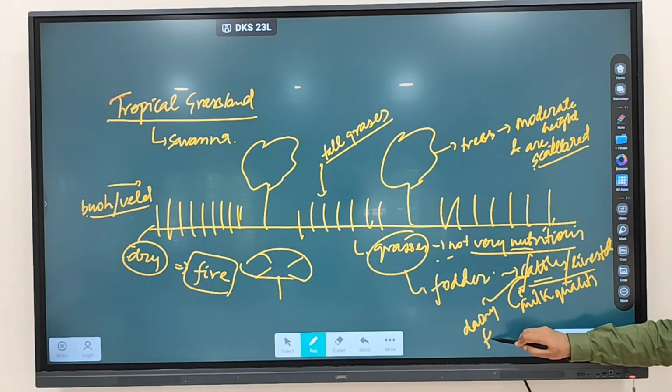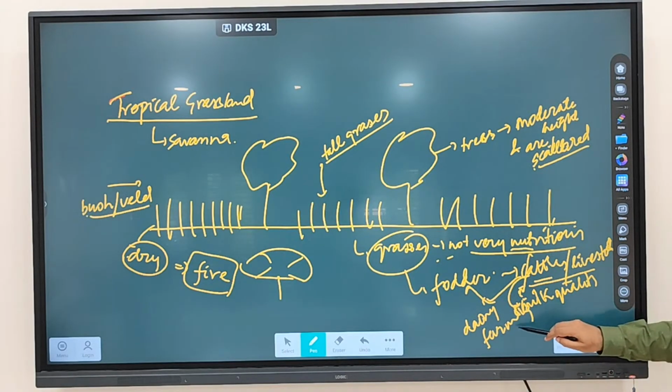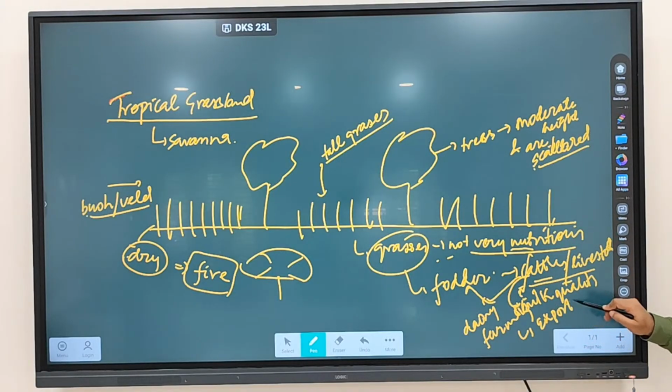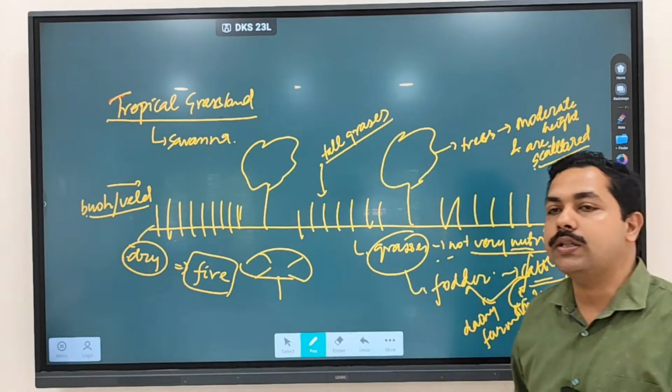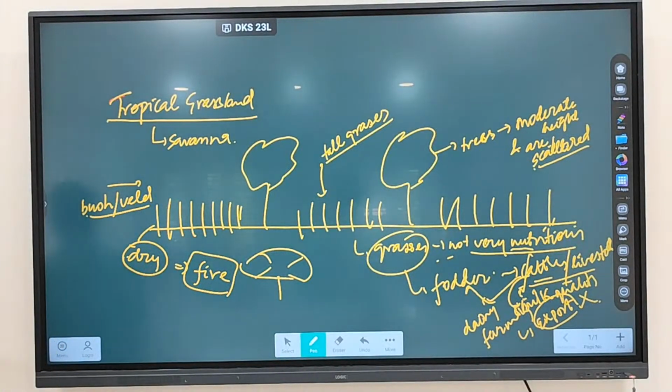Clear? So dairy farming is there because availability of fodder is more. Dairy farming is being practiced over here, but you don't see much export from here. Why is much export not there? Because more quantity of milk is not being given by the cattle.